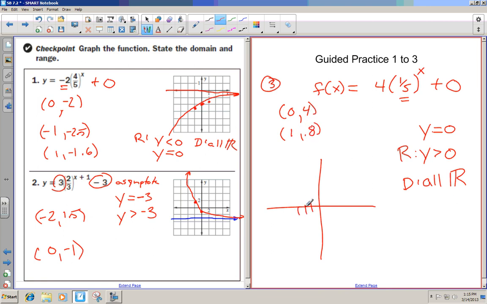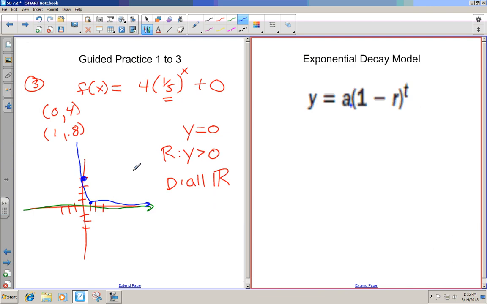So plot those 2 points, 0, 4, 1, 0.8. The asymptote is right along here. So when I graph this, you're going to see it drops down and turns very sharply, and runs along the asymptote, never crossing the asymptote. So pause those whenever you need.